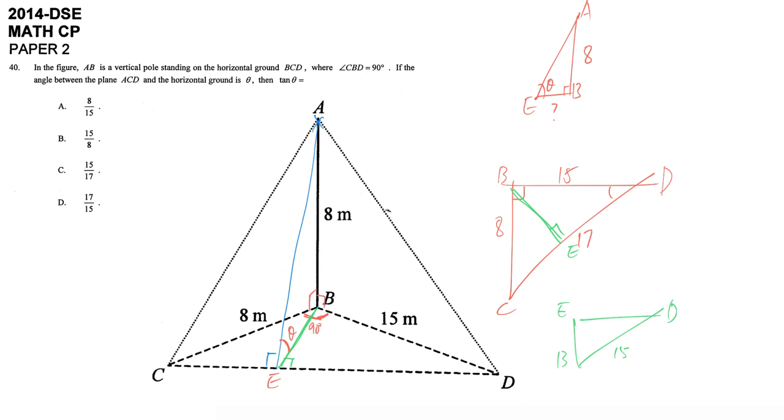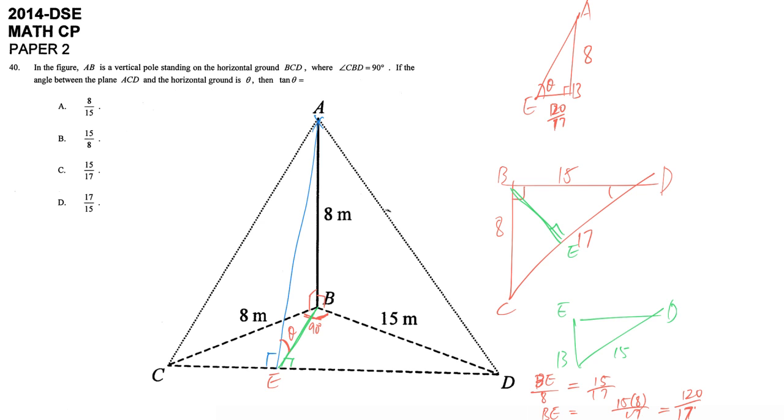If you use the formula, BE divided by 8 is equal to 15 divided by 17. So BE is equal to 15 times 8 divided by 17, which is 120 divided by 17.